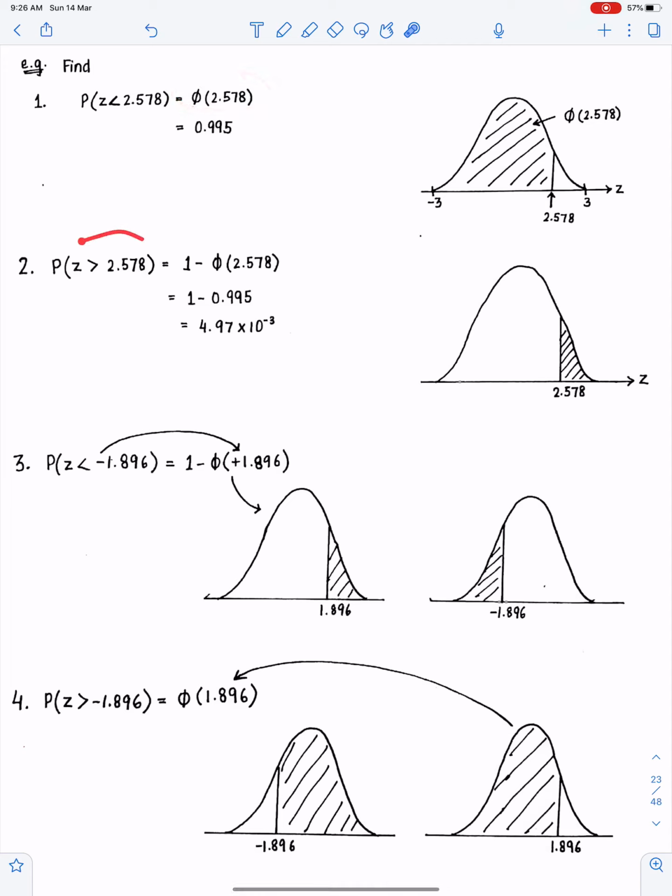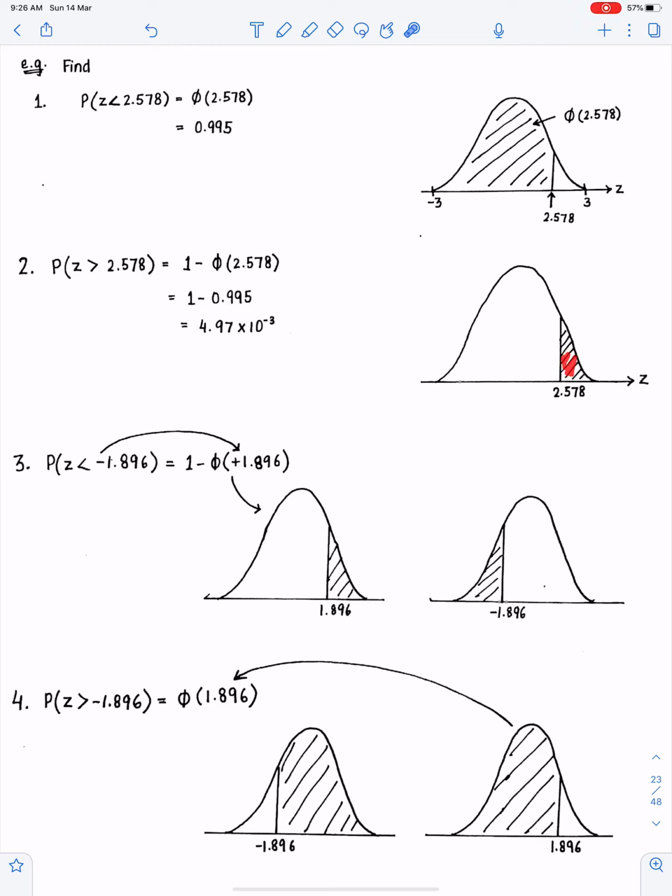Now, if you need this probability, 2.578, first mark this number here on the z-axis, make the reference line, and according to this inequality, you need this area. Now, this area is small with respect to this area. When area is less than 0.5, we consider that area as a small area.